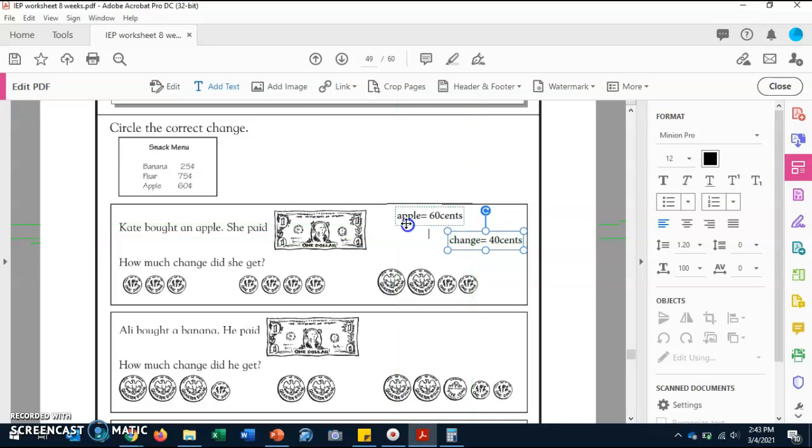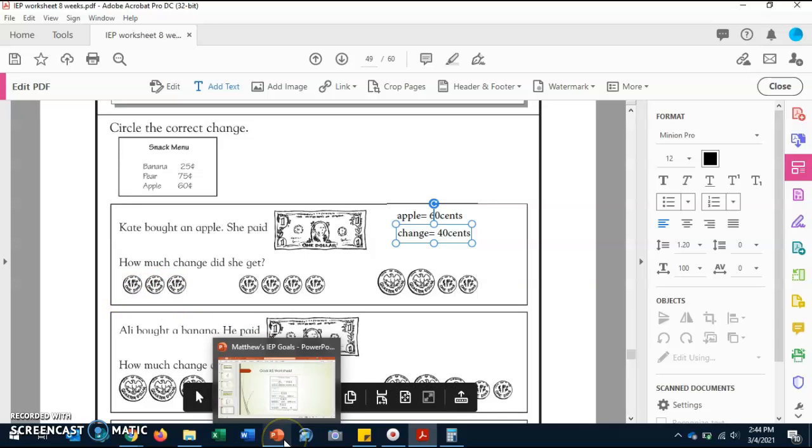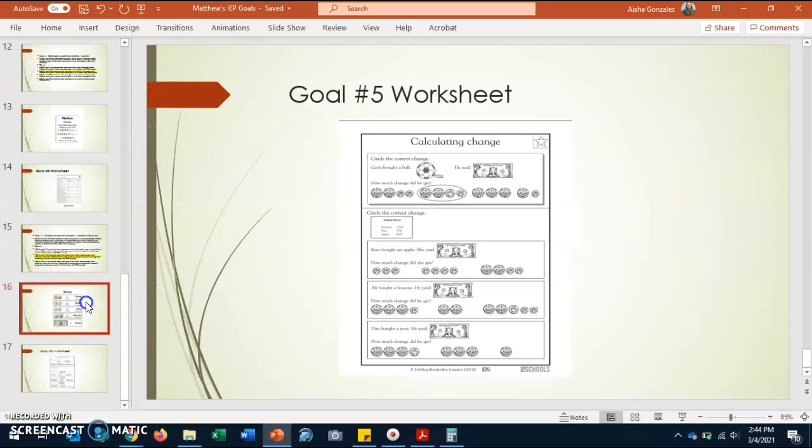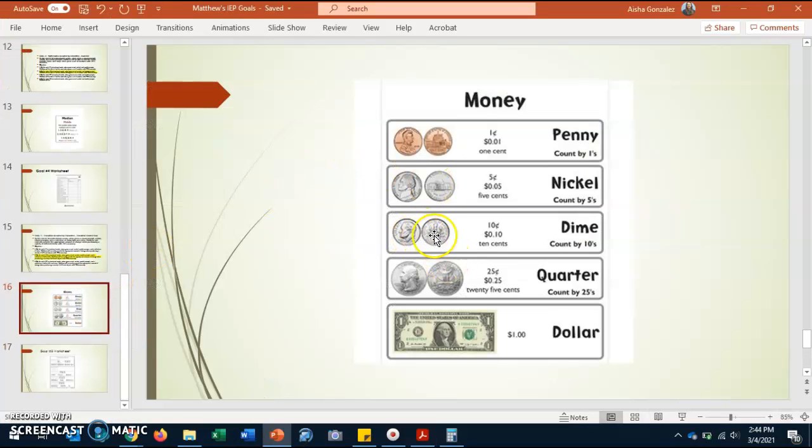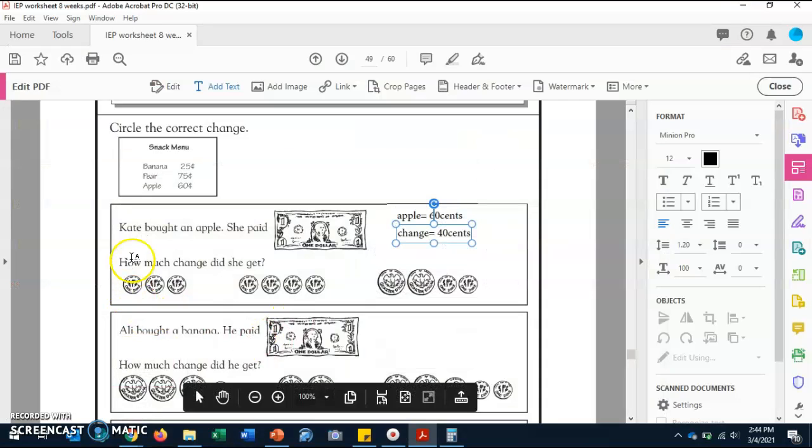Now on the bottom, they're giving us our answers in coins. So we need to find the appropriate change that corresponds with what we have right here. So here we have 3 dimes. And if you do not recall, we can go back to our anchor chart and check how much dimes are worth. So we know dimes are worth 10 cents, and we have 3 dimes.